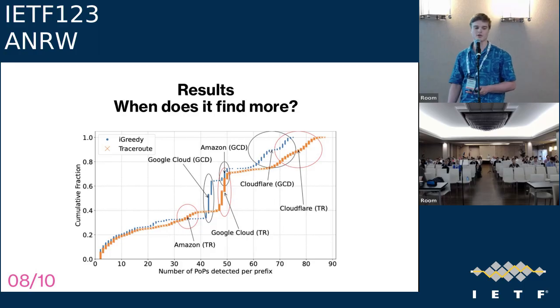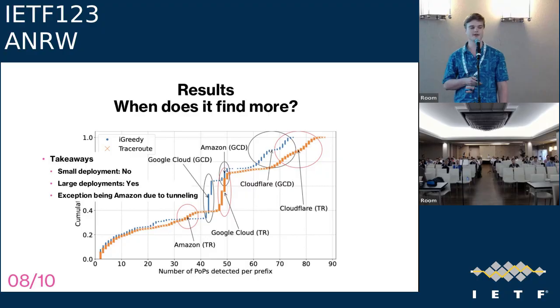So for example, for Google Cloud, we see that the iGreedy technique finds roughly 45 points of presence for all the Google Cloud Anycast prefixes. And with traceroute, we are able to enumerate up to 50.